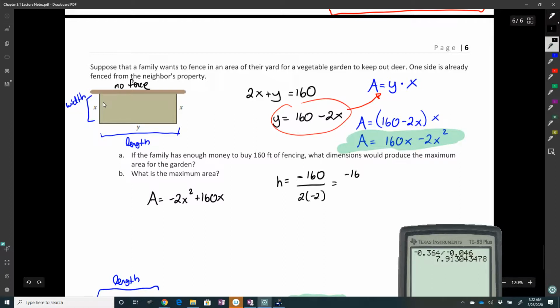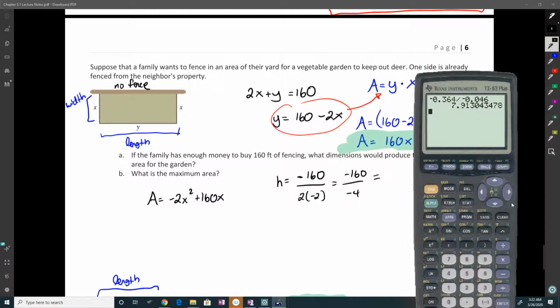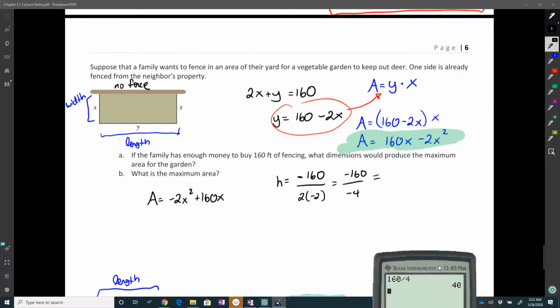So that's negative 160 over negative 4. My brain's completely off right now because it's so late, so I'm just going to use my calculator. 40. So h is 40, whereas k is what you get when you plug 40 in.